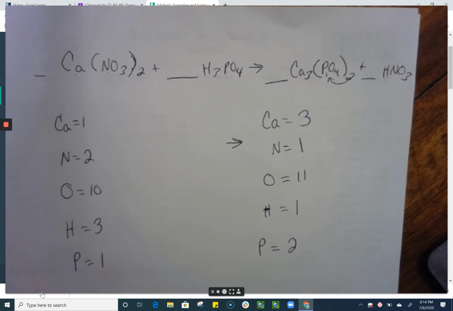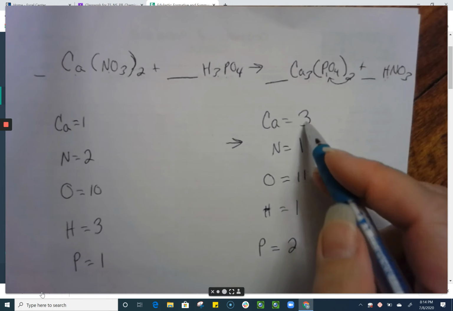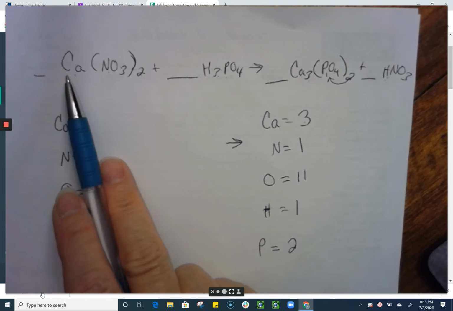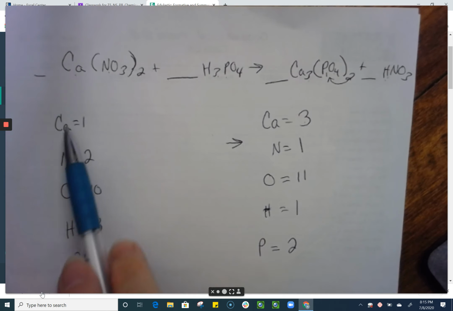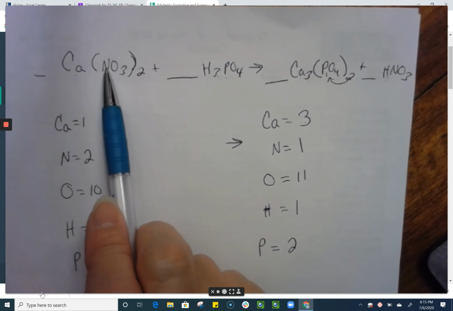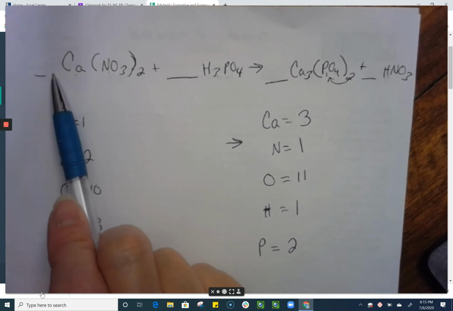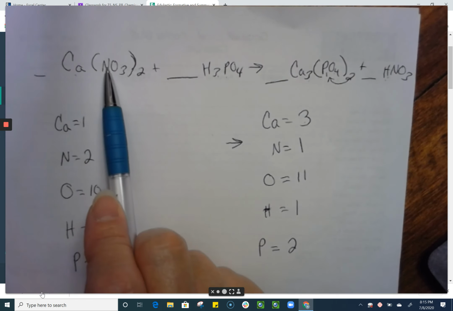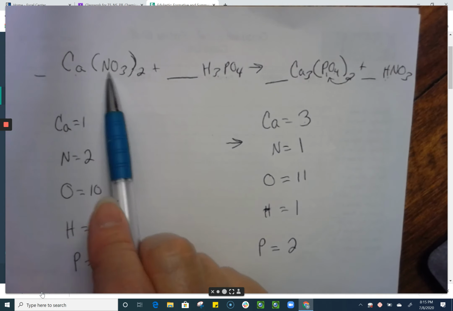What I would do is I would start with a 3 over here and just kind of go through it mentally. If I put a 3 here, that means I got 3 calcium, and boom, that's taken care of. 2 times 1 is 2, but then I have a 3 out here, which means I'm going to have to do 3 of those. So 3 times 2 is going to give me 6 nitrogen.